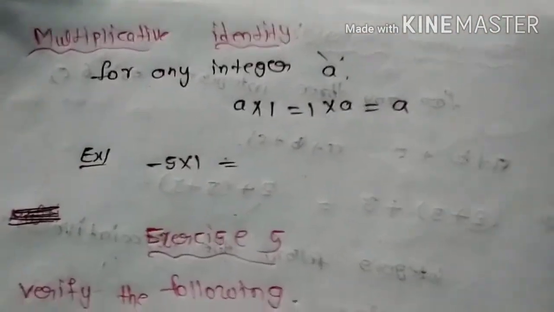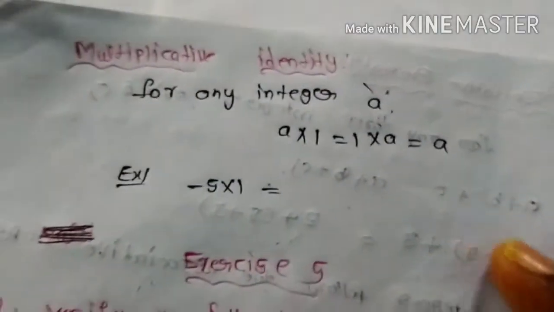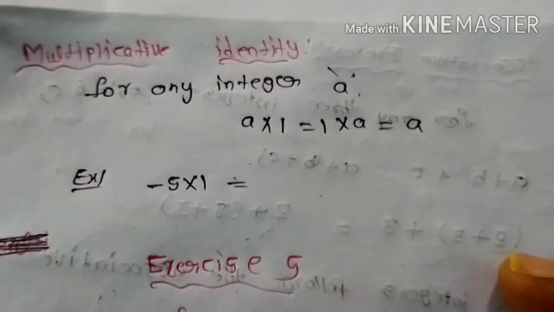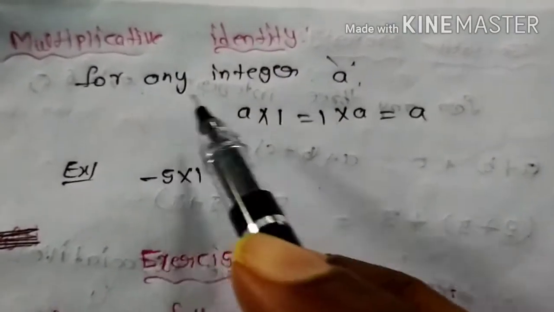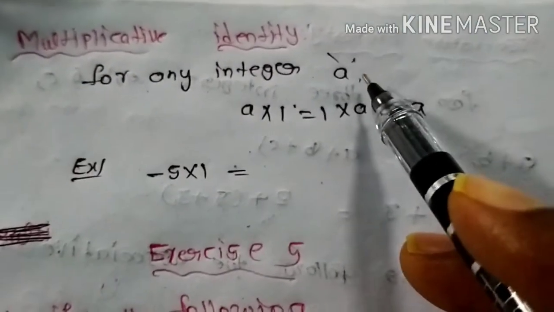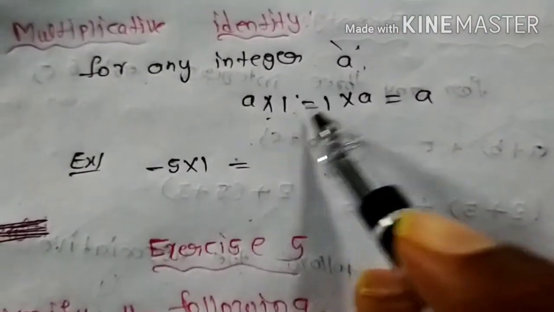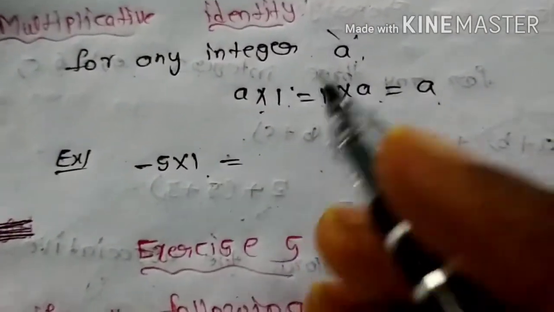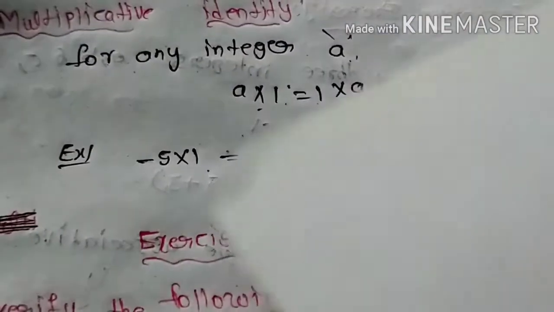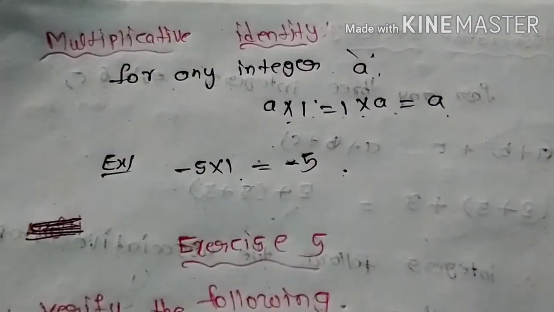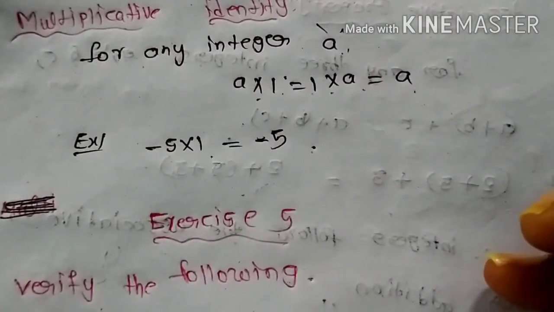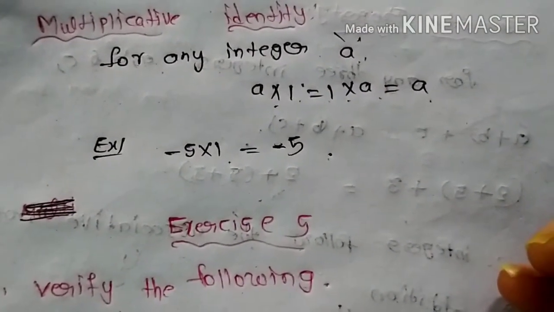Next you can see here one more thing, multiplication. That means the multiplicative identity. For any integer a, a into 1 is equal to 1 into a, which is equal to a, not? Yes. Minus 5 into 1, how much will we get? Minus 5. Yes or no? For example, I will ask you, 10 into 1, how much? 10 or not? 20 into 1, how much? 20 or not?